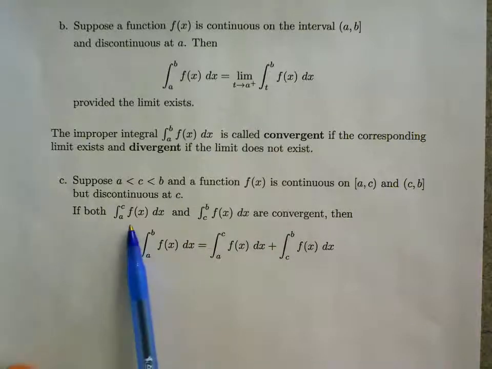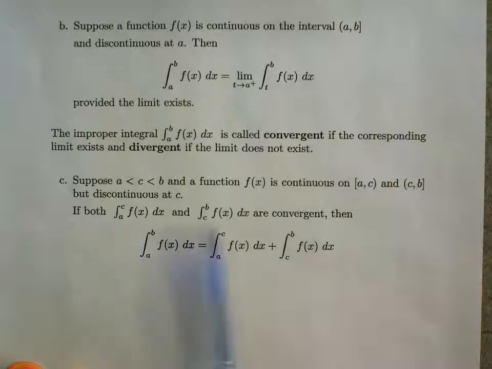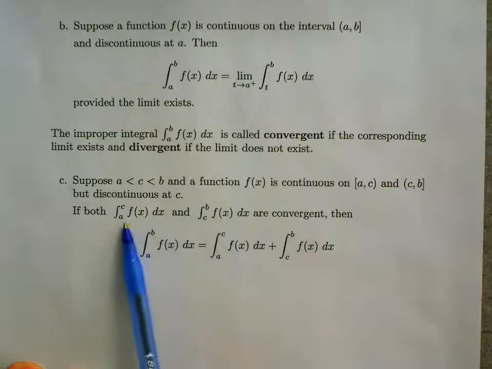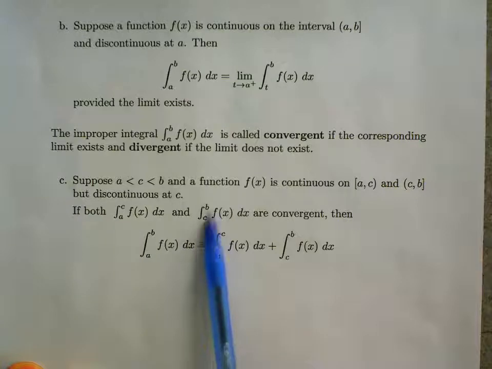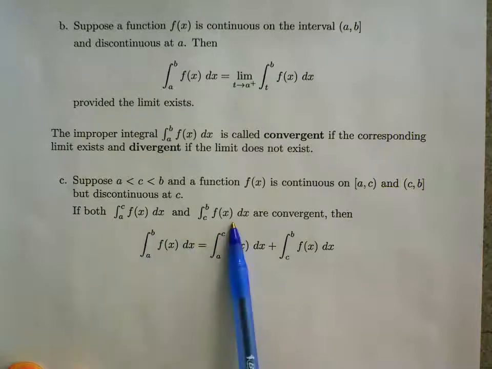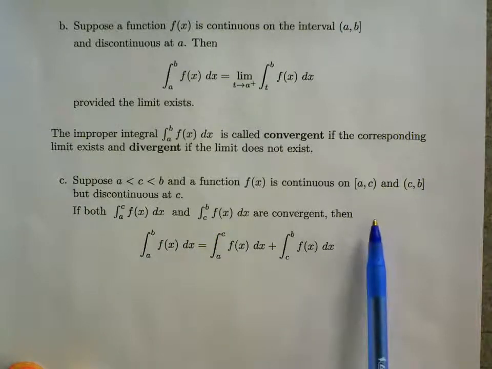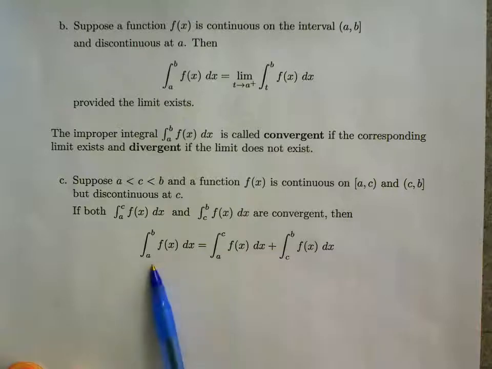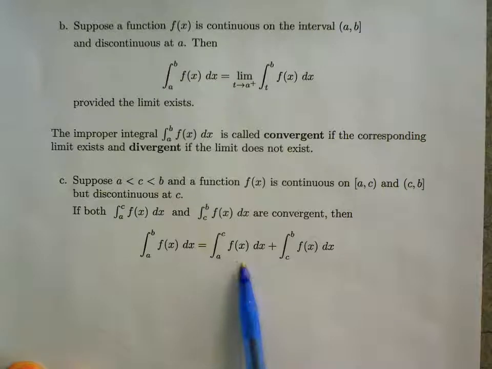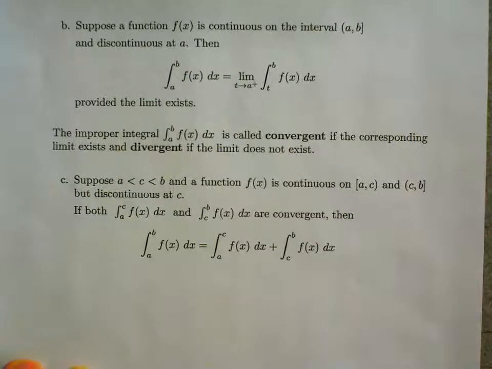If both of the individual improper integrals, the one from a to c and the other one from c to b, are convergent, then the overall improper integral from a to b is equal to the sum of the two other convergent improper integrals.